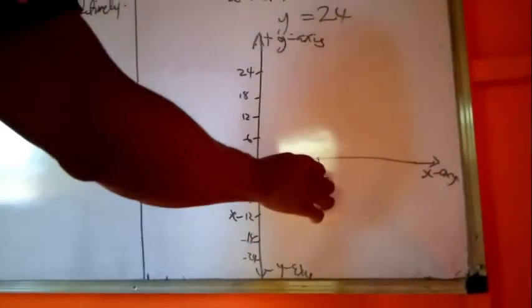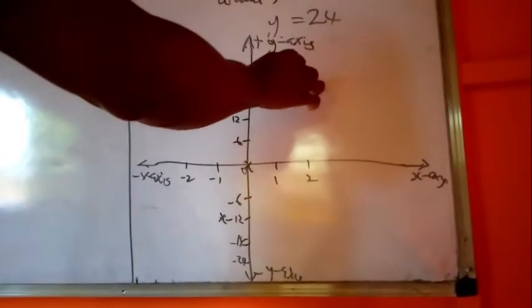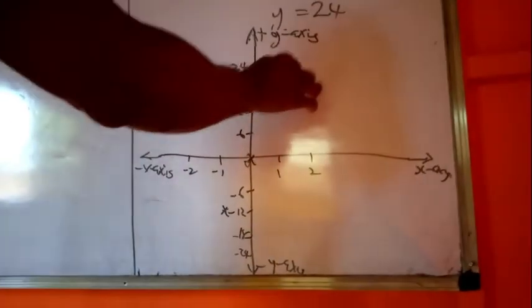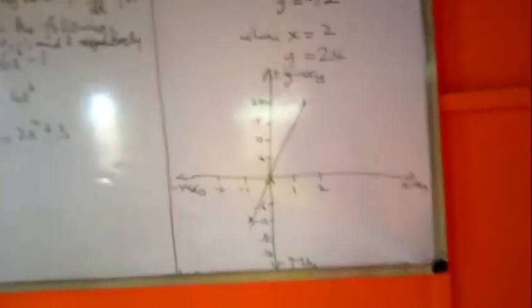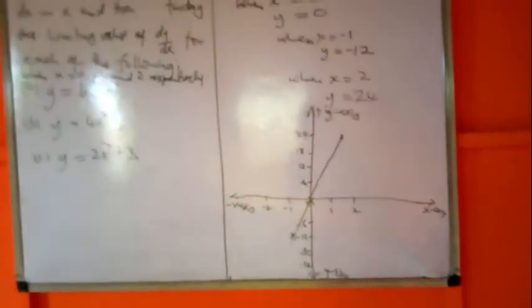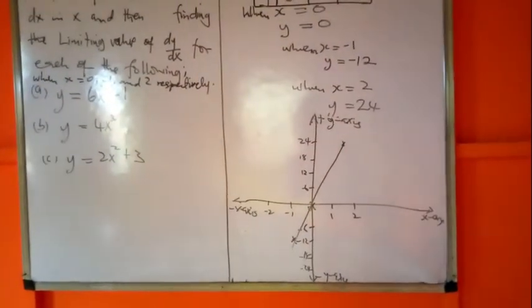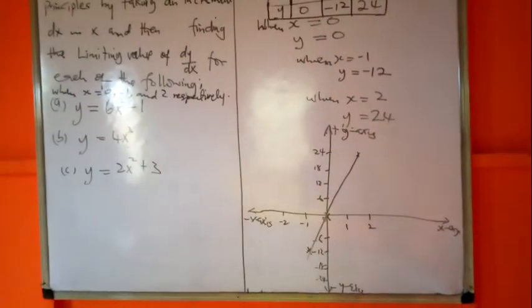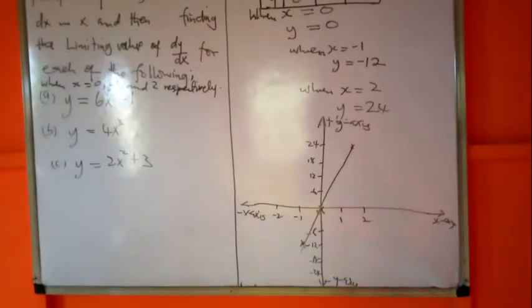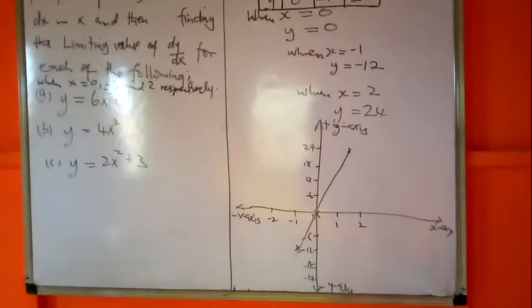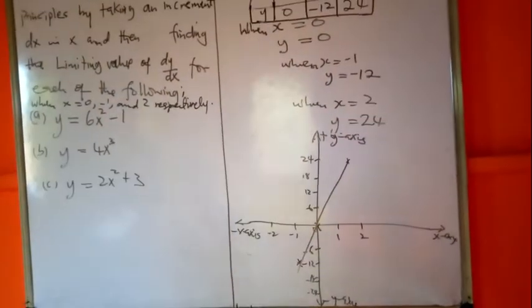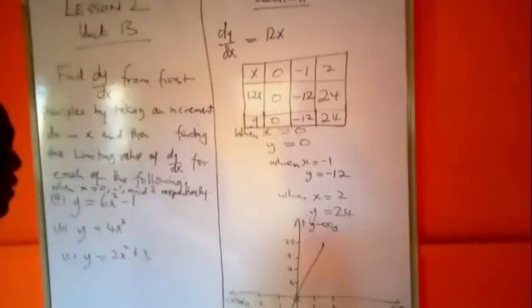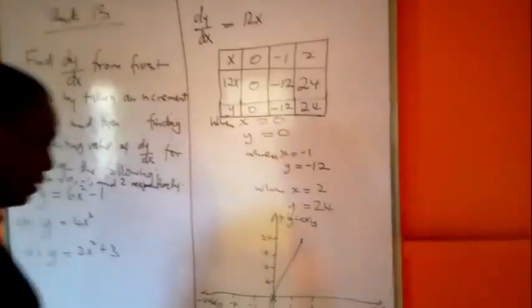So if you look at this graph, it's a straight line graph. Then let us see whether the gradient of this graph will agree with dy/dx, which is 12x.